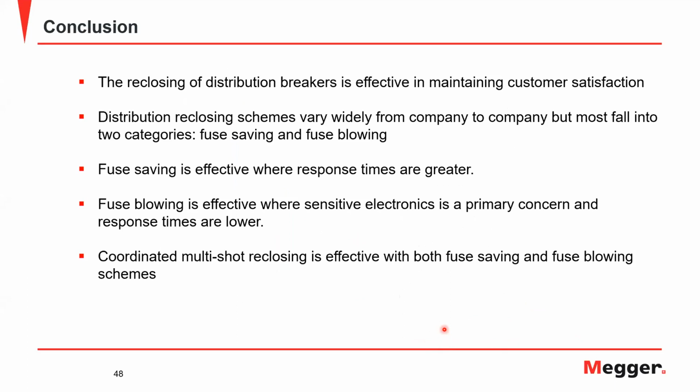Fuse saving is effective where response times are great, maybe low density, the more rural areas. Fuse blowing seems to be more effective where you have more sensitive electronics and where response times are much lower. So this would be your metropolitan areas. Coordinated multi-shot reclosing is effective with both schemes.